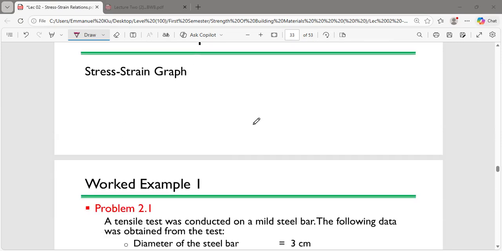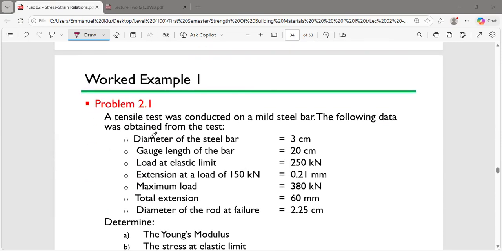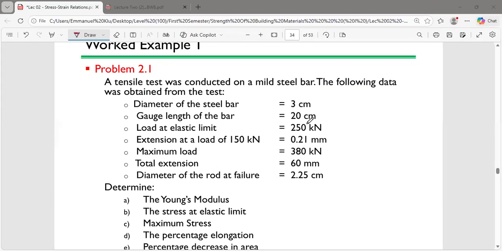All right. So let's look at example 1. Let's analyze the question. The question says that a tensile test was conducted on a mild steel bar. The following data was obtained from the test. The diameter of the steel bar is equal to 3 centimeters. The gauge length of the bar is 20 centimeters.